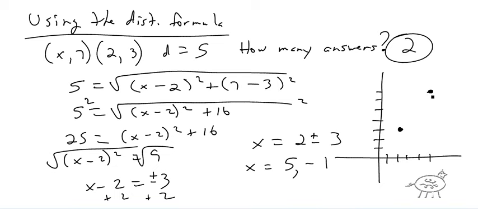So (5, 7) and (negative 1, 7). Well, of course there are 2 answers because there are two distances. Right? These distances are the same. I can draw a triangle here, and that happens to be a nice isosceles triangle. All right? So that's why you can have 2 answers. All right, that looks pretty reasonable.